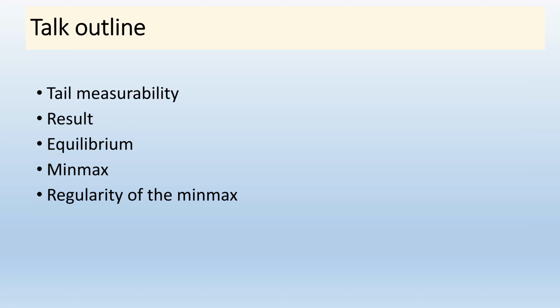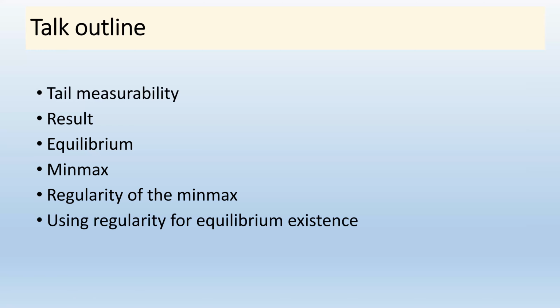And then how to use the regularity of the min-max for showing equilibrium existence in games with tail-measurable sets and tail-measurable payoffs, and to characterize the set of equilibrium payoffs. Sometimes we call this a Folk theorem. So this is the general plan. And again, please interrupt me if anything is not sufficiently clear.